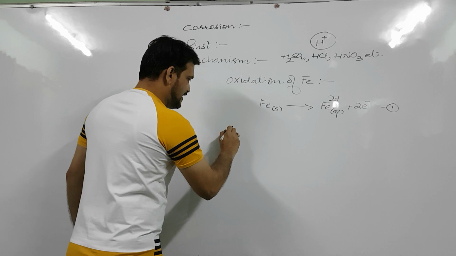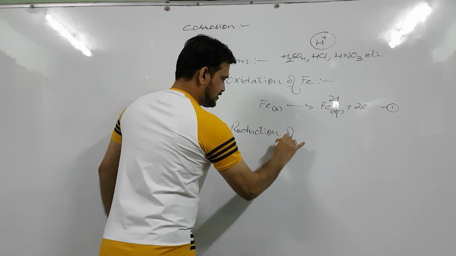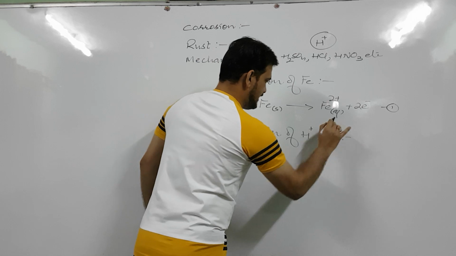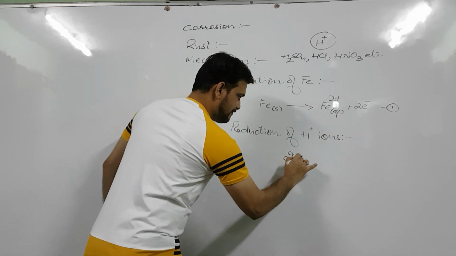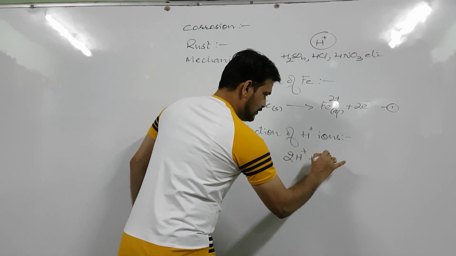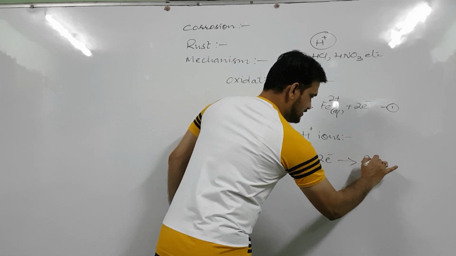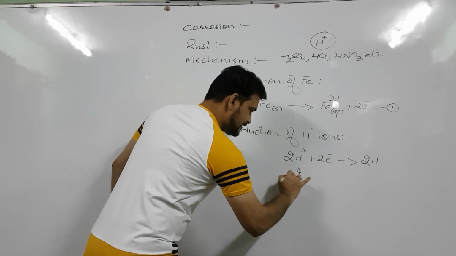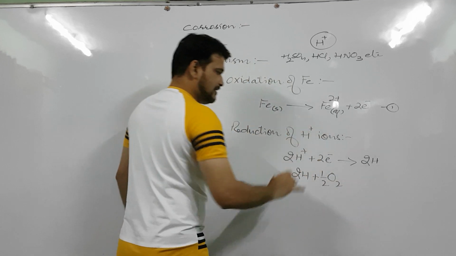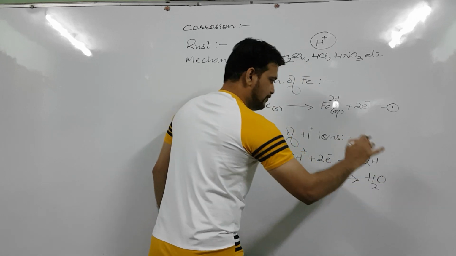That reaction is the reduction reaction, a reduction of H positive ions. Suppose we have two H positive ions, they undergo reduction by gaining 2 electrons and 2 H atoms are formed. These 2 H atoms combine with oxygen present in the atmosphere and H2O is formed.